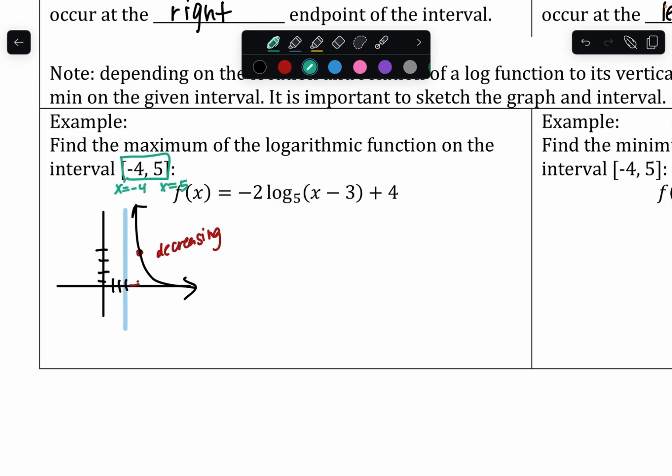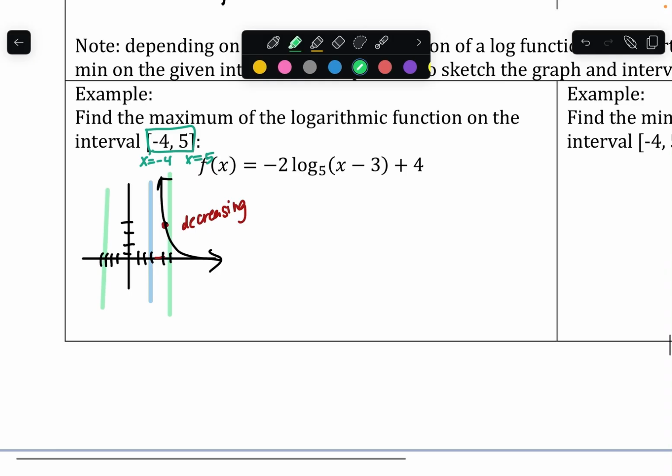This is our restricted domain. And so if I graph that interval, negative 4 is over here, and positive 5 is over here.